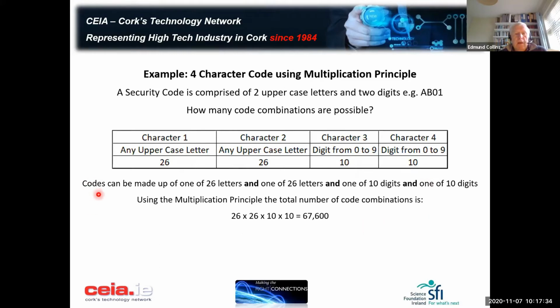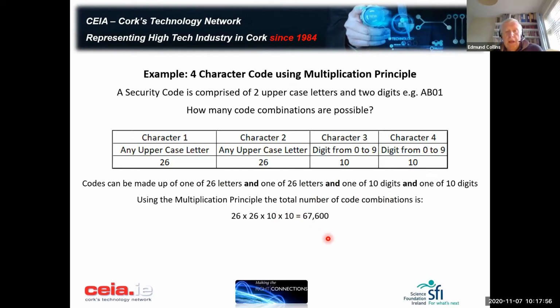So using the multiplication principle then, the total number of combinations is 26 letters multiplied by 26 because it has this and here, multiplied by 10 because we've another and here, multiplied by 10 again.